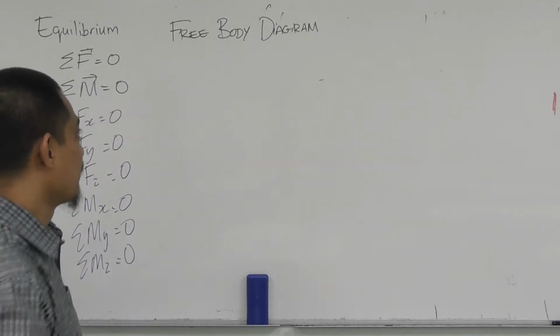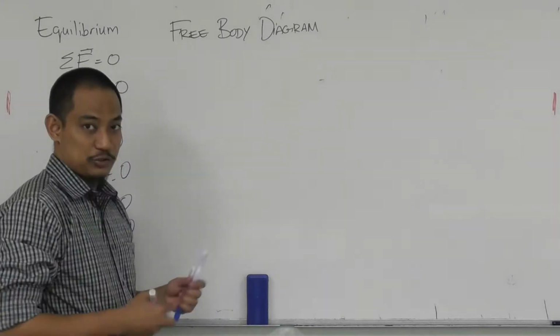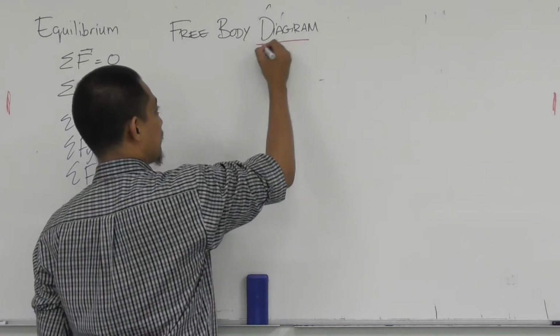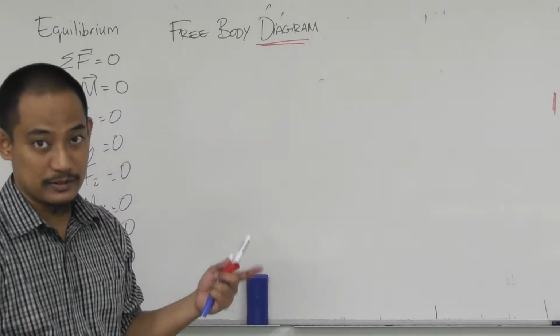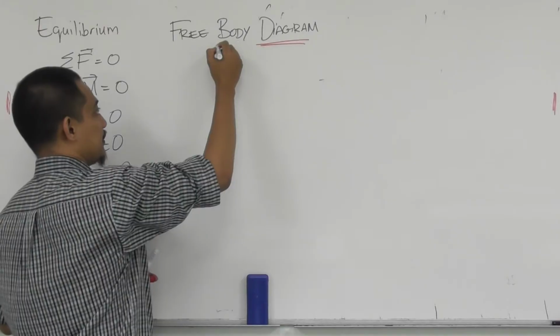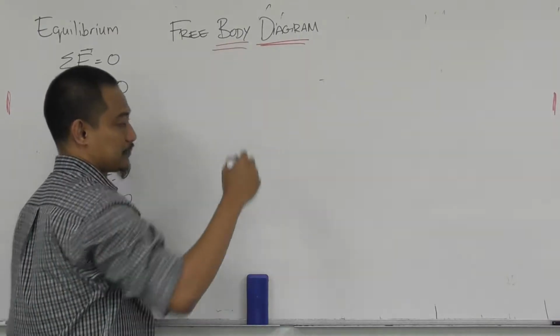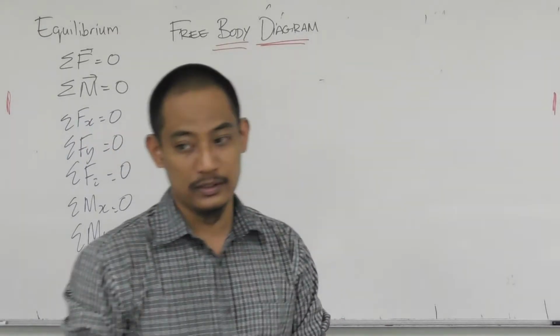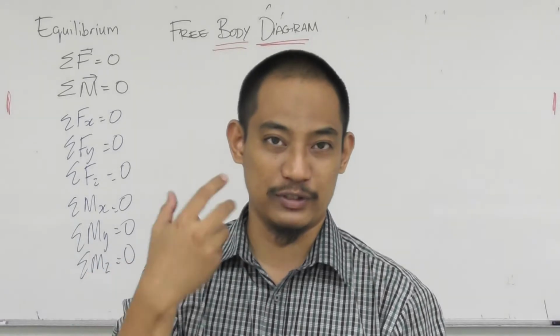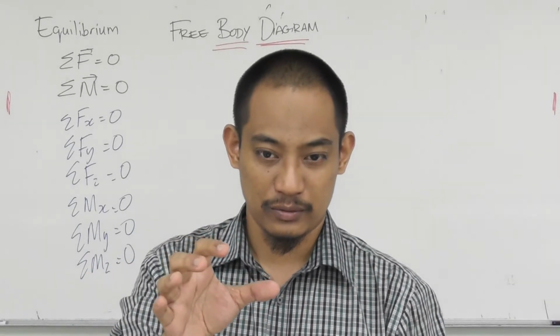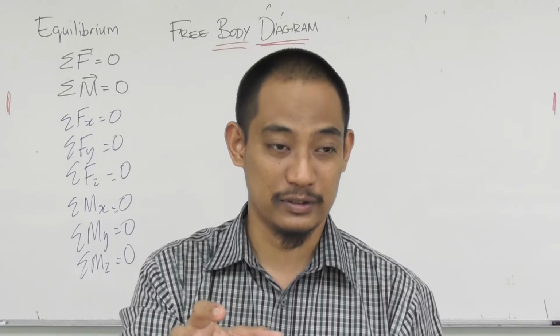Okay, now inside that. First of all, it should be a diagram. Right? That's obvious. And then it is a diagram of a specific body, right? So this is where we have to decide what is the body of the free body diagram, right?